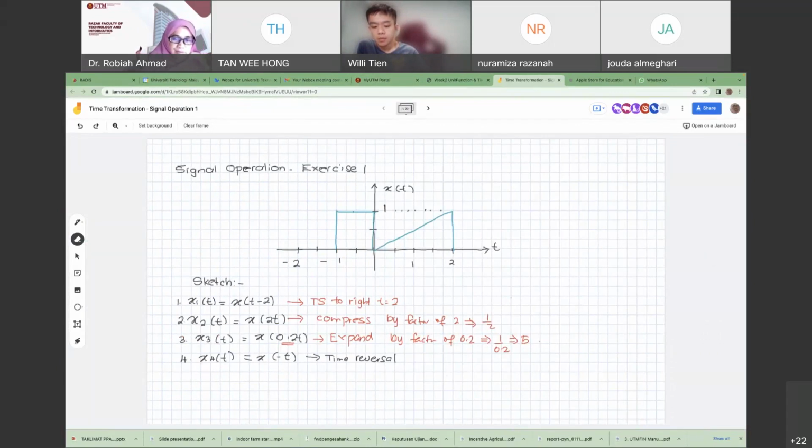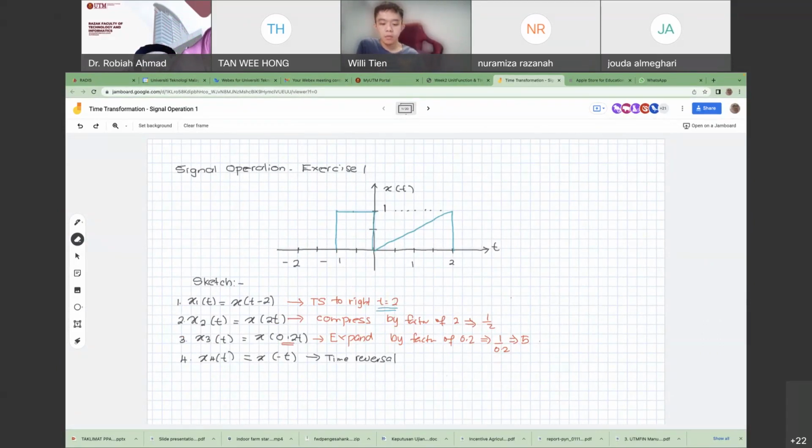10. Okay, so the first one, shift to the right. So what shall our signal be? Shift to the right. So since the tau here is 2, whatever this one will be shifted to 2 lah.